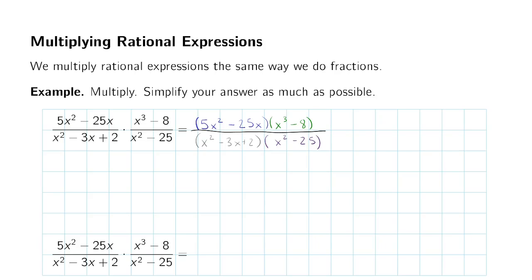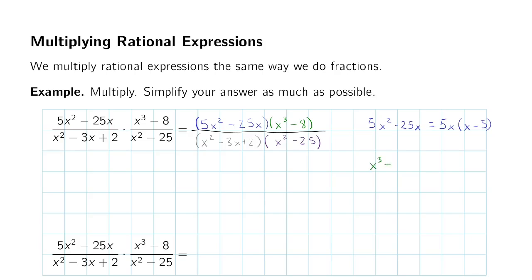So I'm going to just do this off to the side. 5x squared minus 25x. Those have a common factor of 5x. And we'll be left with x minus 5. The remaining polynomial factor is linear, so that's as factored as it gets.